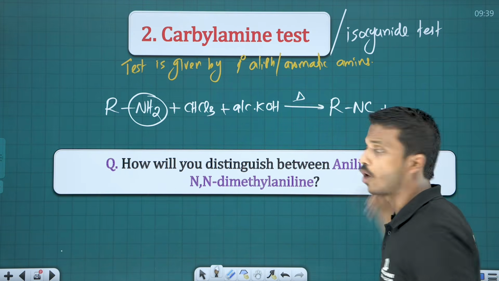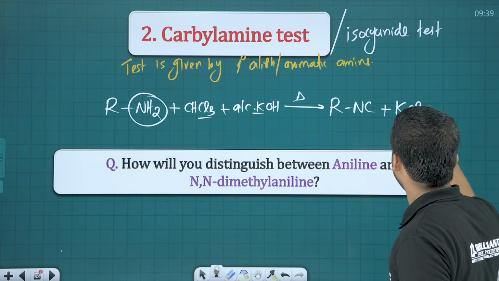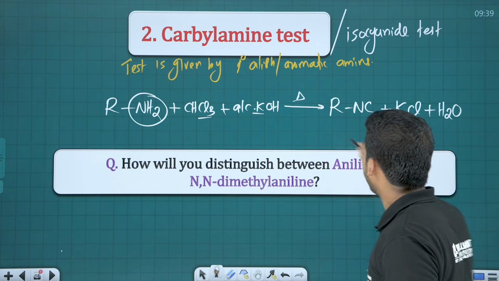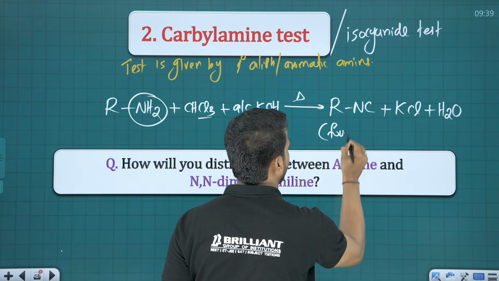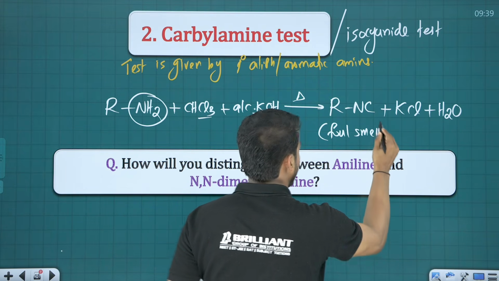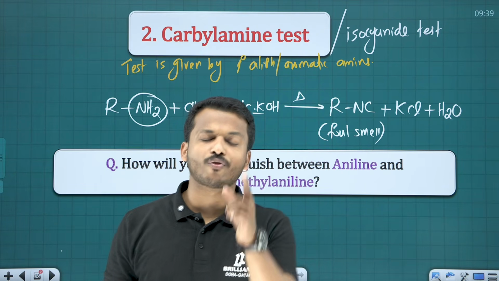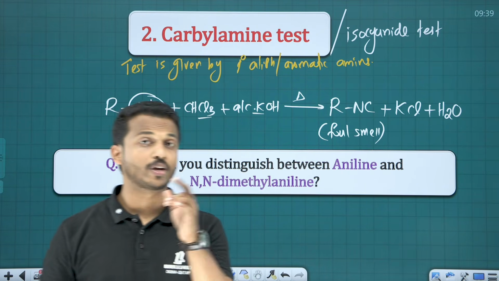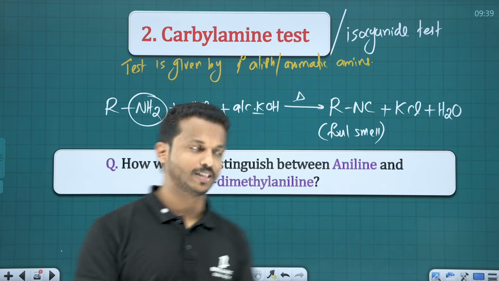The byproduct is always the same: the K combines with the Cl, we get KCl along with H2O. And what is the observation? The isocyanide has a very foul smell. So if you are getting a foul smell when reacting with chloroform and alcoholic KOH, you can confirm that it's a primary amine, maybe aliphatic or aromatic.